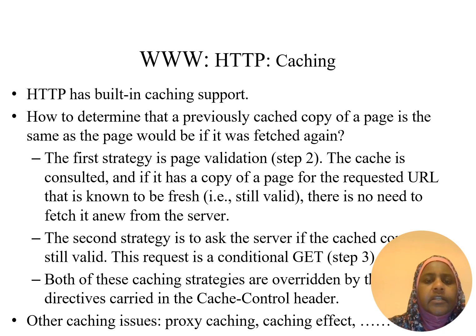The validity here is determined by the expiry time set by the server upon sending the page. The second strategy is to ask the server if the cached copy is still valid. This request is called conditional GET, and both caching strategies are overridden by the directives carried in the cache control header.